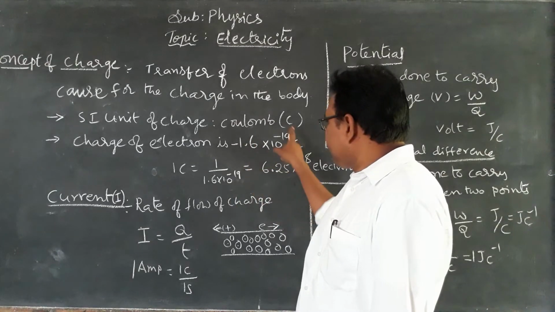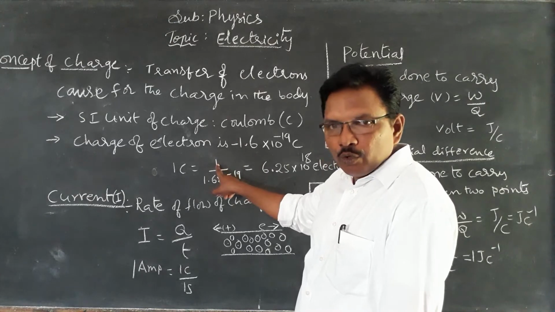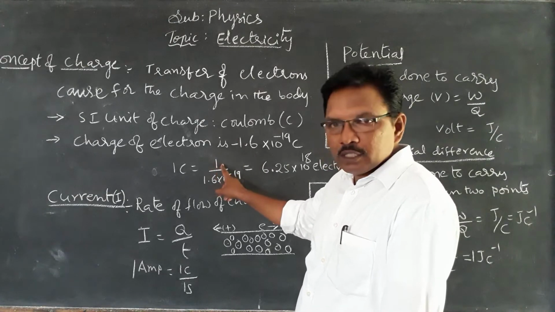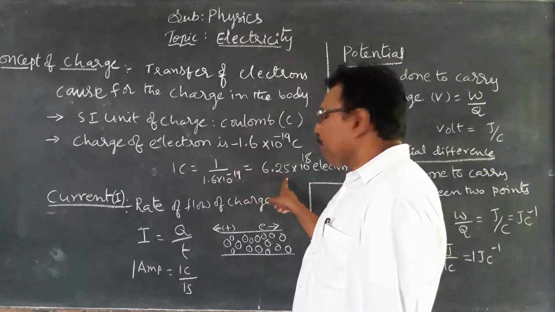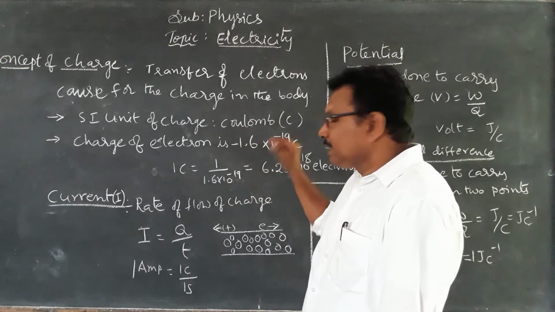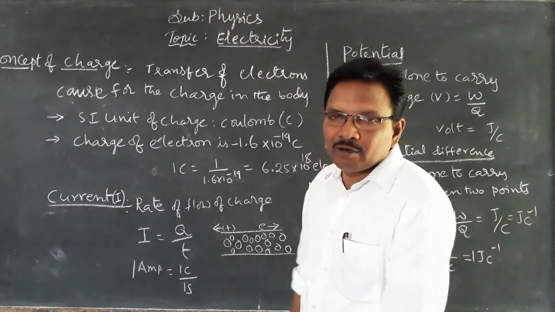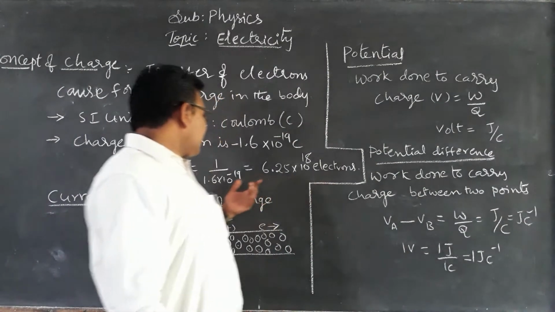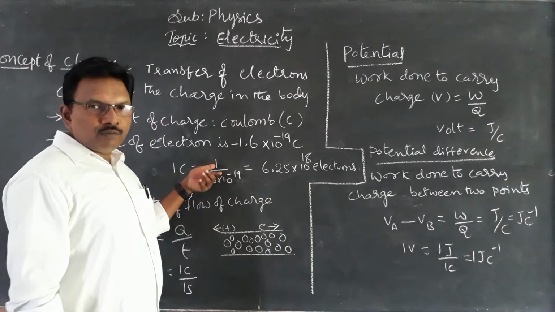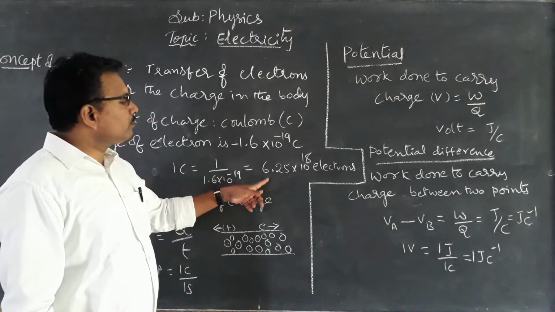If you divide 1 coulomb of charge by the charge of each electron, then you will get the number of electrons present in 1 coulomb of charge. Similarly, we can find out how many electrons are present in 1 coulomb.